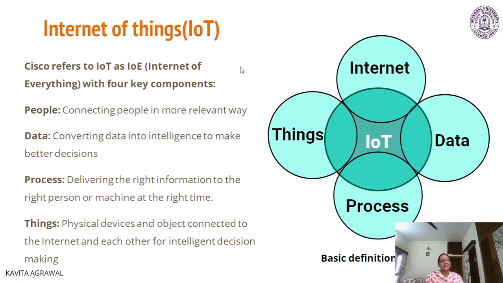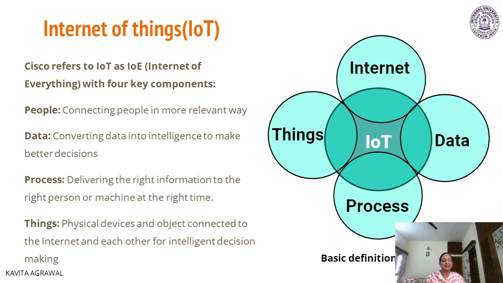If we see the reference given by Cisco to Internet of Things, they refer to it as Internet of Everything. It has four components. It has people, that is, it is connecting people in a more relevant way.